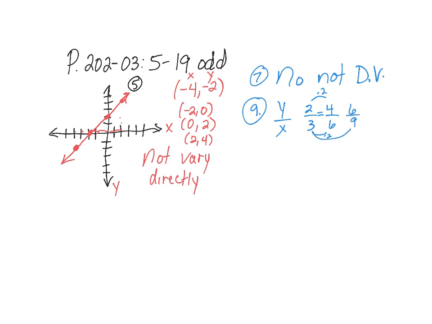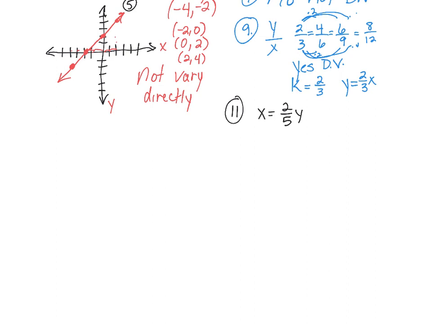Well, 3 times 3 is 9, and 2 times 3 is 6, so those are equal. And the last one's 8 over 12. 3 times 4 is 12. 2 times 4 is 8. So yes, these are direct variation. The constant is 2/3, and the equation would be y equals 2/3 x.